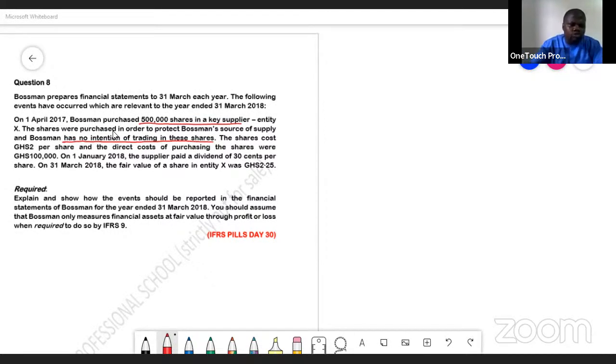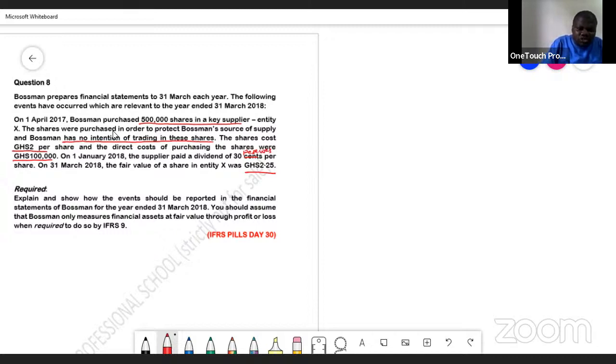The shares cost 2 cedis per share, and the direct costs were 100,000. On 1st January 2018, the supplier paid a dividend of 30 pesewas per share. On 31st March 2018, the fair value of the share in Entity X was 2.25.